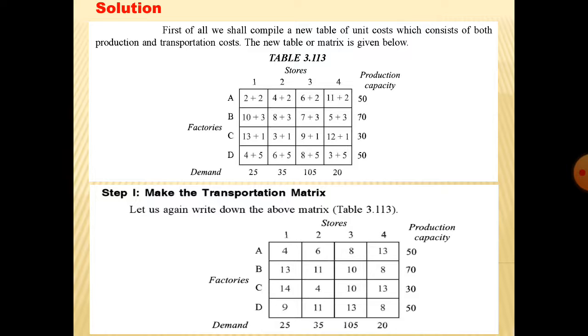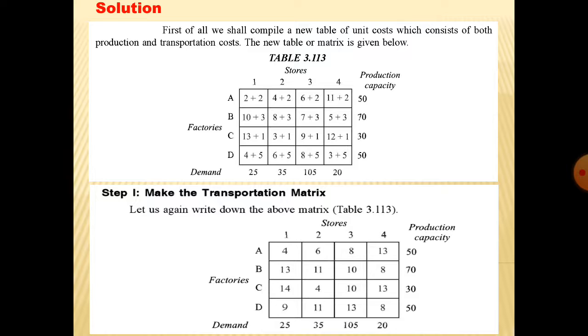We add the production cost to each cost in the matrix. Next for C we add 1, for D we add 5, and then we prepare the matrix. 2 plus 2 is 4, 4 plus 2 is 6, 6 plus 2 is 8, 13. Like this we add all of them and prepare the matrix.